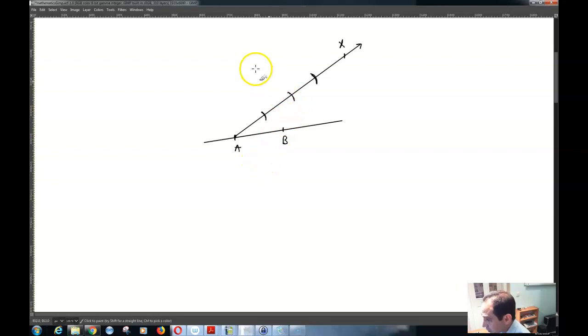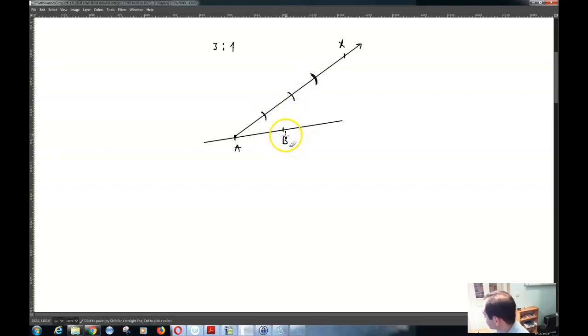And remember that the ratio that we want to pick on this line is 3 to 1. That's why we make 3 markings over here. You need to imagine that these distances are exactly the same, using a compass.